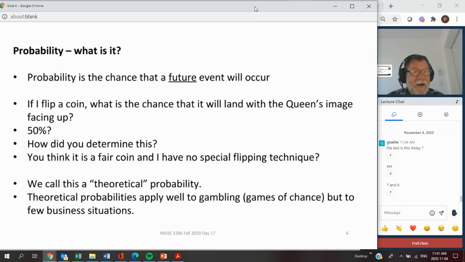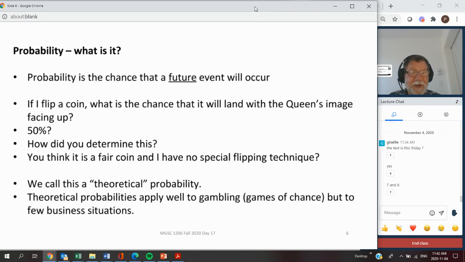If you're talking about probabilities to do with gambling, with lotteries, with playing cards, with roulette, with a lot of those sorts of gambling situations, not sports betting, not horse race betting, but things you'd see at a casino, we can work out the probability of various events happening based upon a theory.